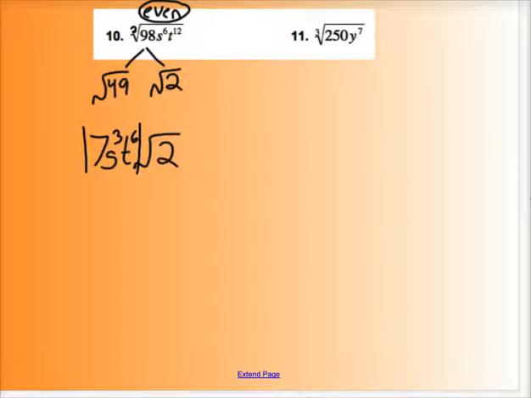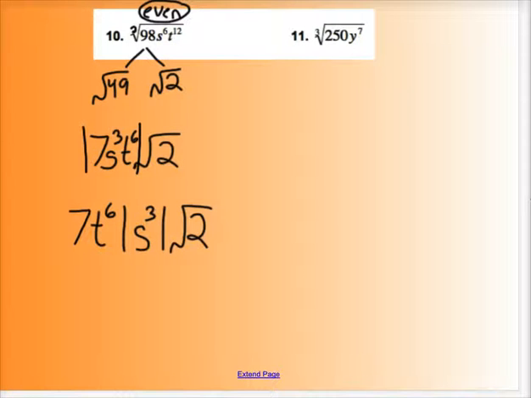So remember, a number will never need to stay inside the absolute value. And anything to an even power will never have to stay inside because we know it's automatically positive. So the only thing we're worried about is that s to the third. That could potentially be negative. And then our square root of 2.